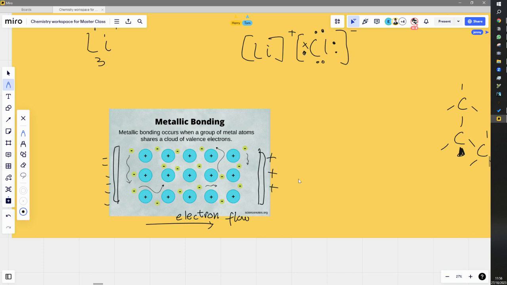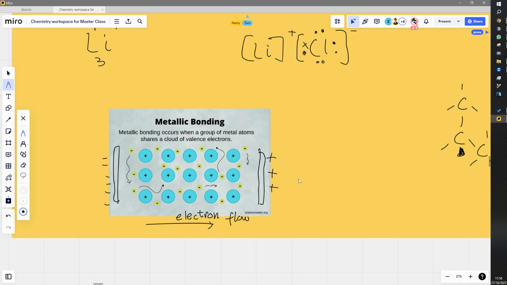This is chemistry anyway. They conduct heat because they can carry the energy from one place to another more quickly than in a non-metal, where in a non-metal you just have to pass the vibrations from one atom to the next.